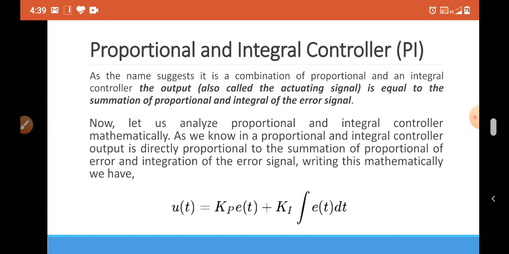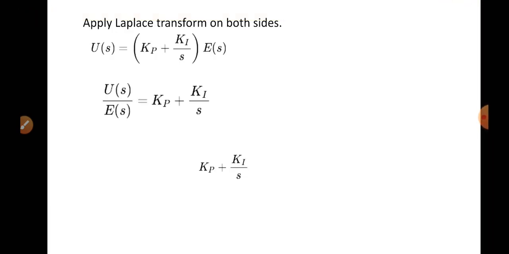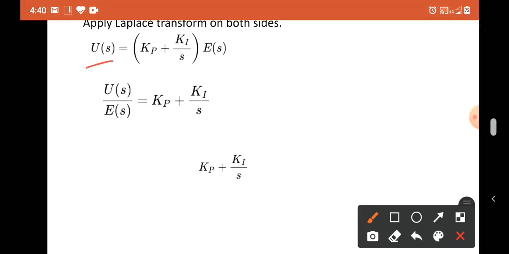Now let us apply Laplace to this equation. By applying Laplace on both sides, u of t gets converted into u of s, kp e of t gets converted into kp into e of s, and ki integral of e of t dt gets converted to ki, which remains constant, e of s, and the integration gets converted to 1 by s.